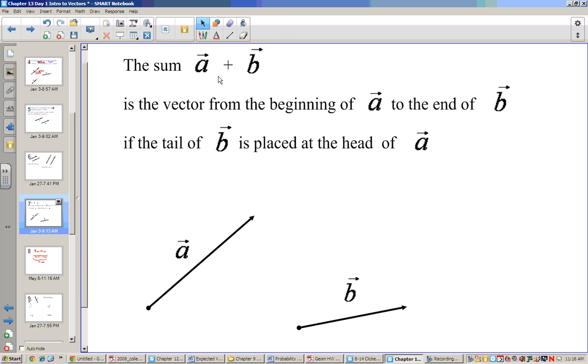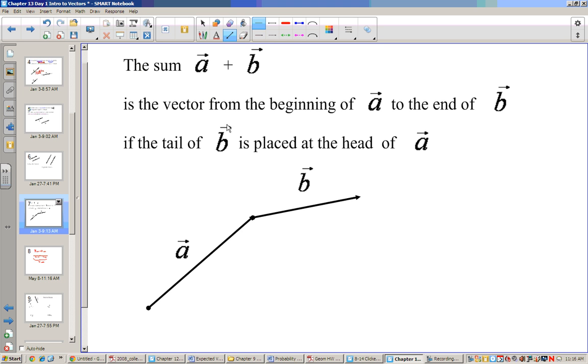The sum of a plus b: I take the vector from the beginning of a to the end of b, if b is placed at the head of a. Pretty confusing definition, but what it's saying is I take my vector b and I put it at the end of vector a. Now the sum of a plus b is if I go from the beginning of a all the way to the end of b.